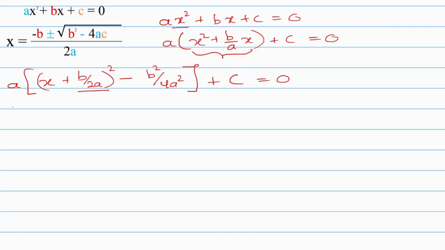Then we expand a, x plus b over 2a squared, minus b squared over 4a plus c equals 0.